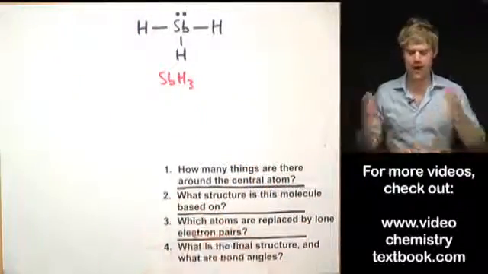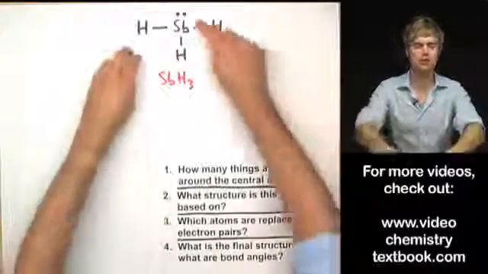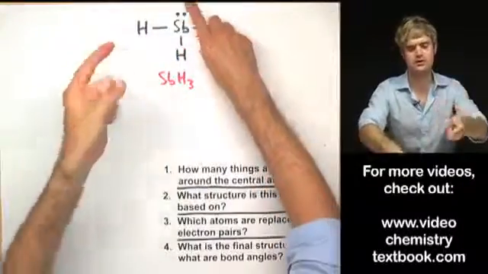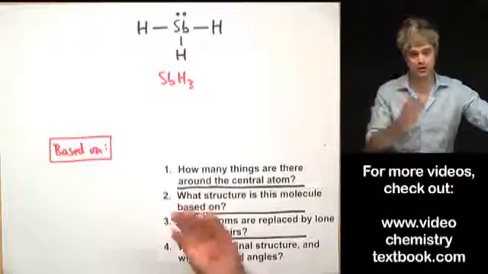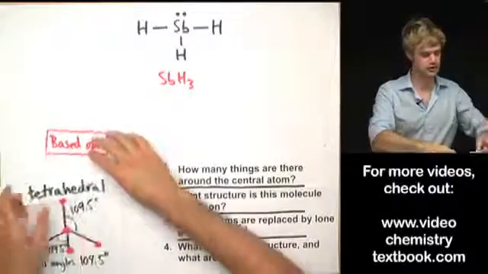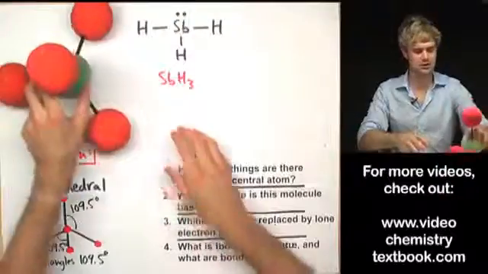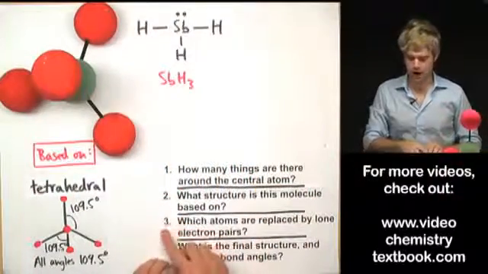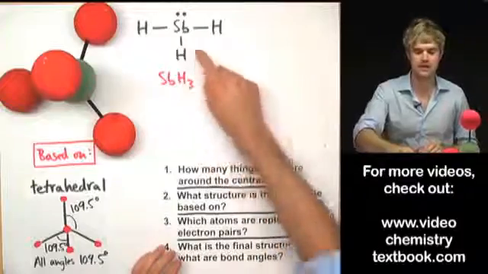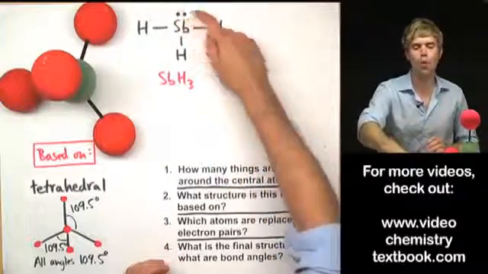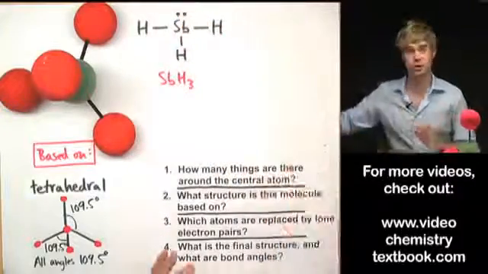Okay, SBH3. Number 1, how many things are there around the central atom? 1, 2, 3 bonds, 1 lone electron pair. So there are 4 things total around the central atom, and it's going to be based on a tetrahedral shape. Now, which atoms are replaced by lone electron pairs? In SBH3, one of these 4 things is a lone electron pair.